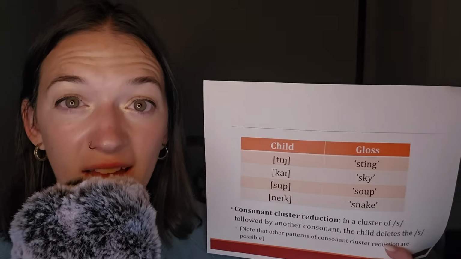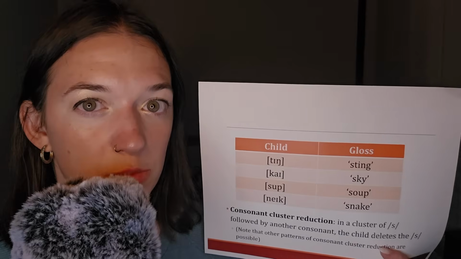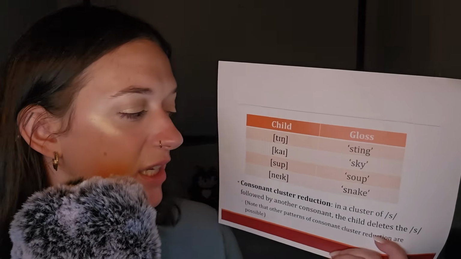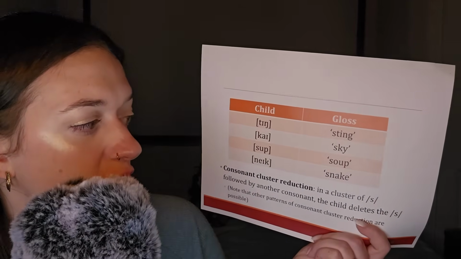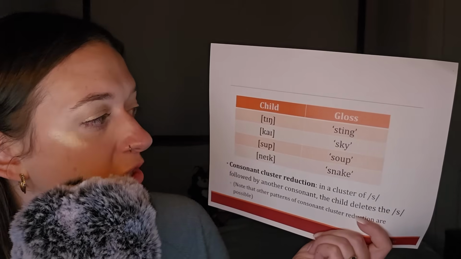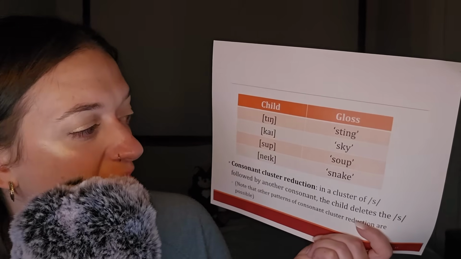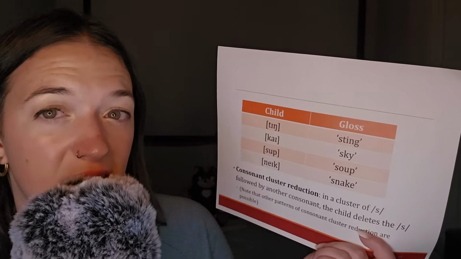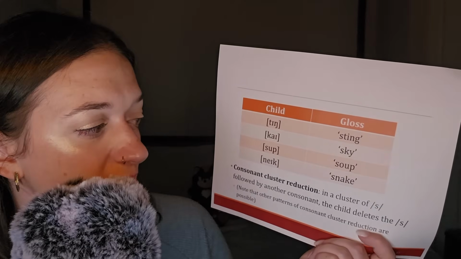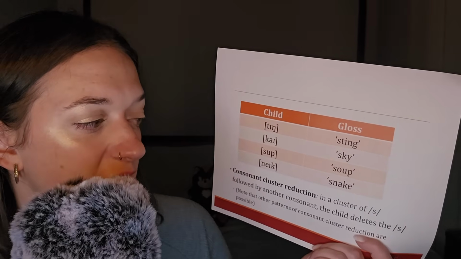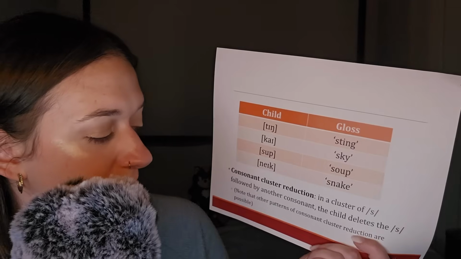And then the final phonological practice we'll talk about that is common in children is consonant cluster reduction. So especially in a cluster of s followed by another consonant, the child is likely to delete the s.